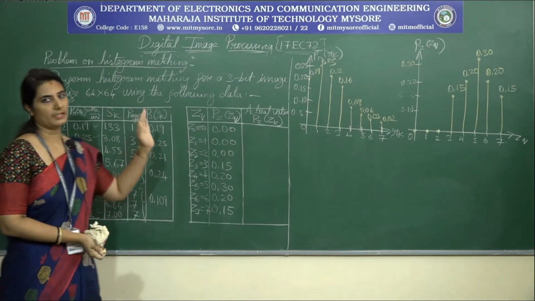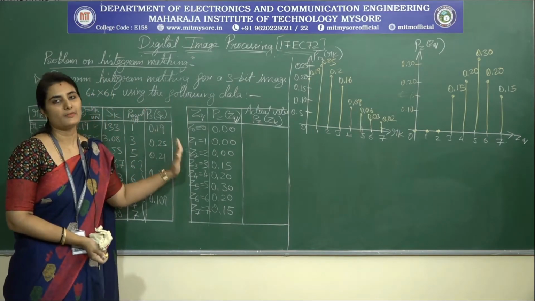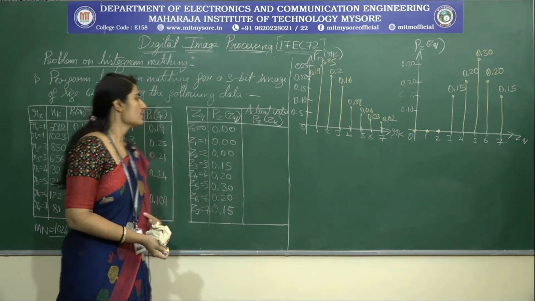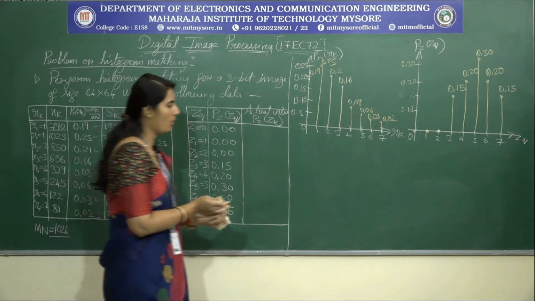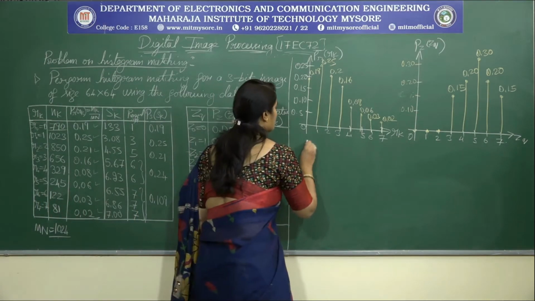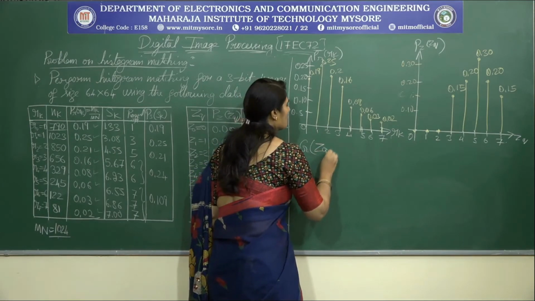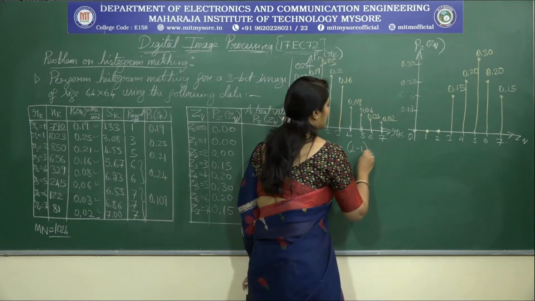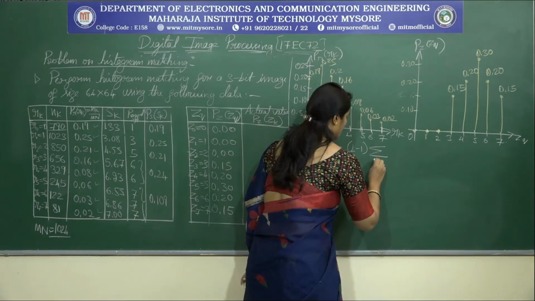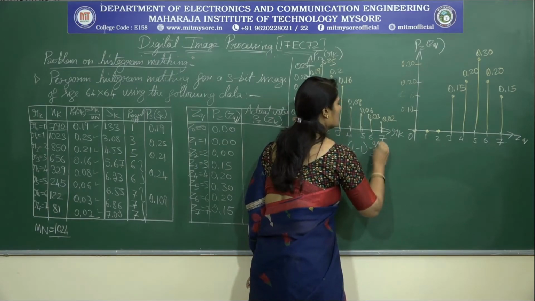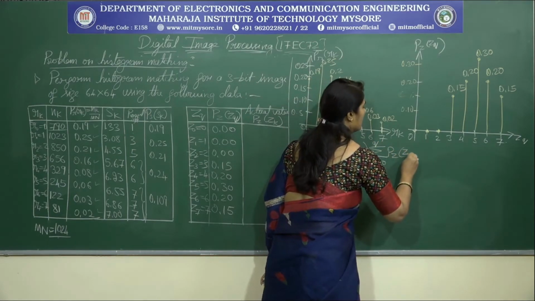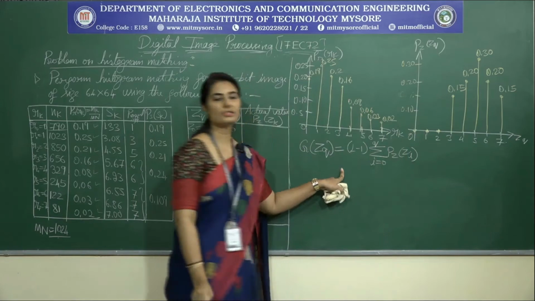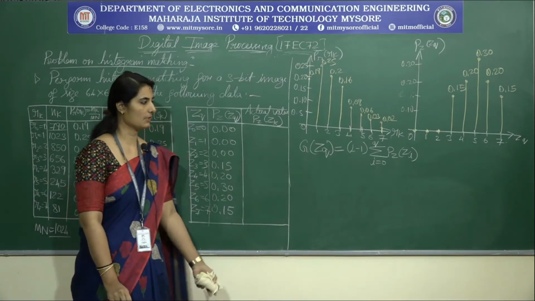What we need to find is, using the transformation function, the actual intensities. For that we know the formula of the transformation function for discrete values: G of Zq is equal to L minus 1 times the summation from i equals 0 to q of Pz of Zi.